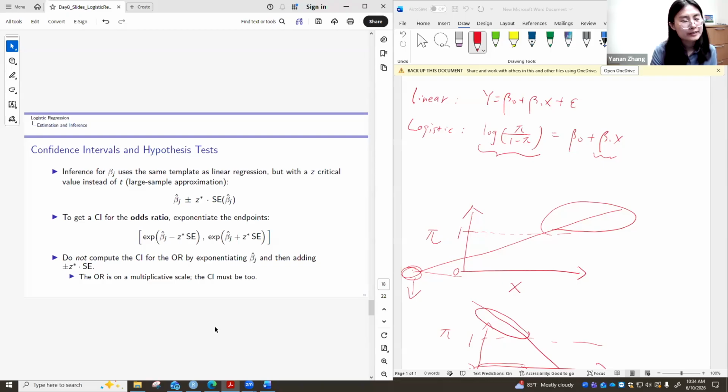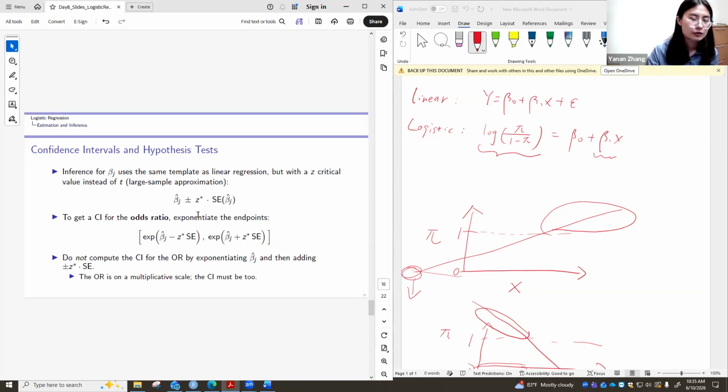All right. Next, let's talk about confidence interval and hypothesis testing. We have talked about this same thing in linear regression, right? Here, we can calculate the confidence interval for the slope beta j. And we use the same format, right? Beta j hat, the point estimate, plus or minus some table value times the standard error.